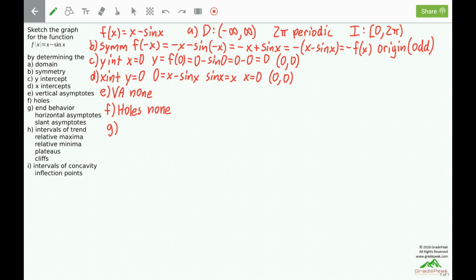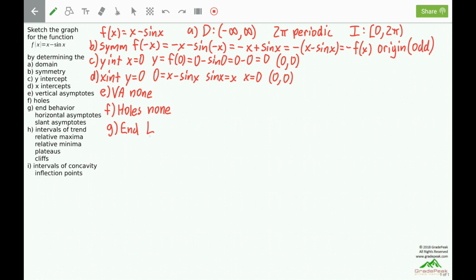For part G, we want to determine any end behavior, horizontal asymptotes or slant asymptotes. F of x is a polynomial term and a trig function with no denominator, so it will not have horizontal asymptotes or slant asymptotes. But because of the polynomial term, it will have left end and right end behaviors of positive infinity or negative infinity.